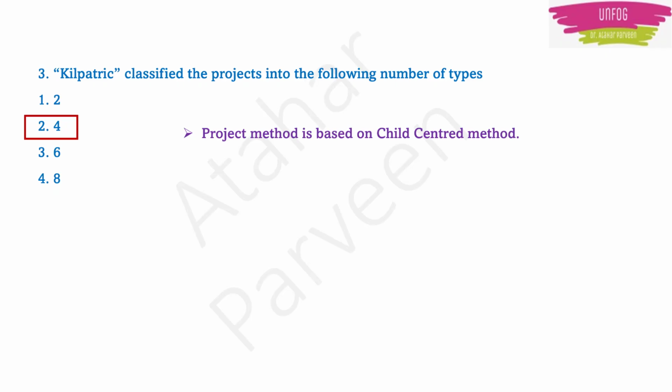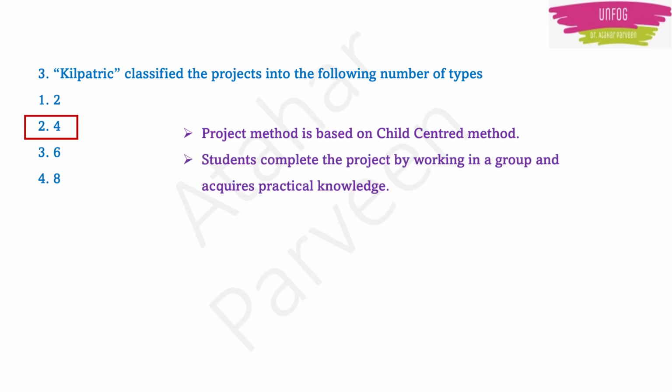I think it was in the 20th century and this project method is actually based on the child-centered method. In this method, students complete the project by working in a group and because of working in a group, they acquire a lot of practical knowledge, and there are 4 classes of projects as told by Kilpatrick.